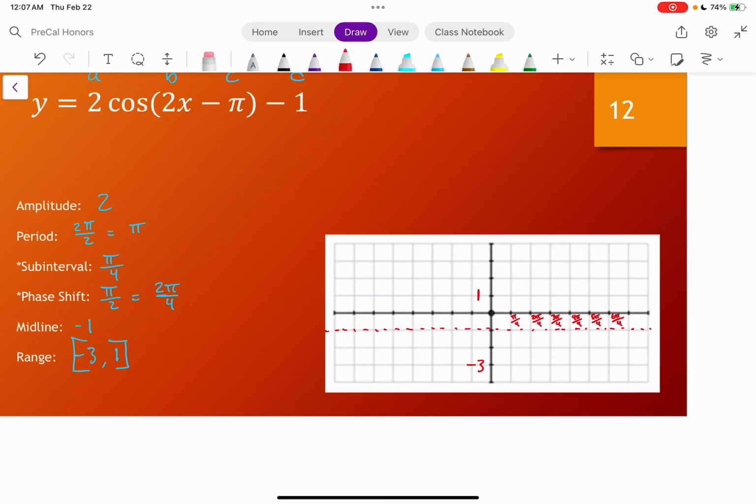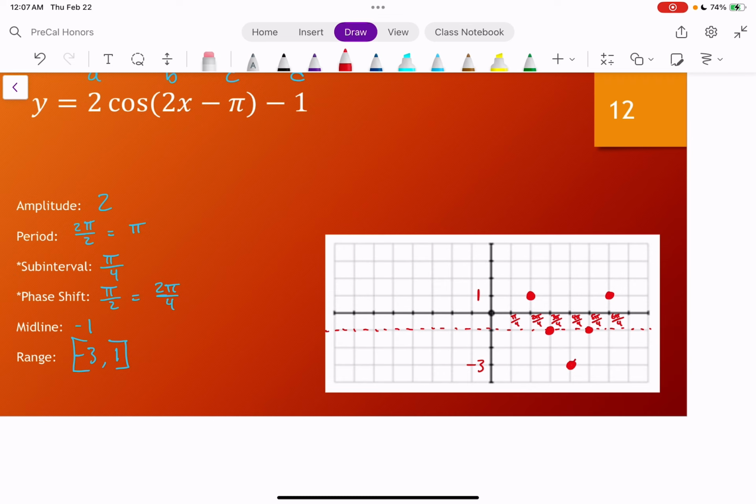In this case, it is a positive equation, so we will start with the maximum, which is 1 at the 2 pi over 4. We would then drop down to our midline at 3 pi over 4, hit the minimum at 4 pi over 4, hit the midline again at 5 pi over 4, and hit the maximum at 6 pi over 4.